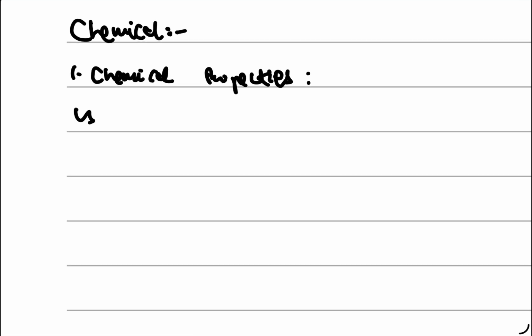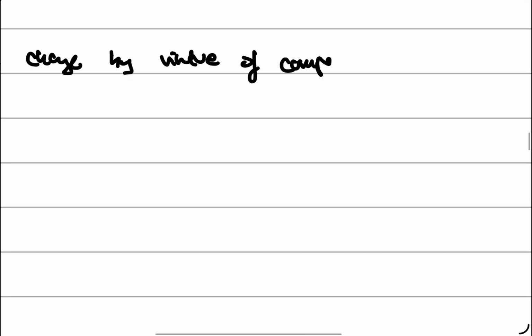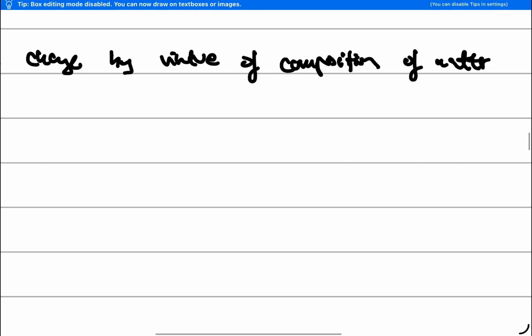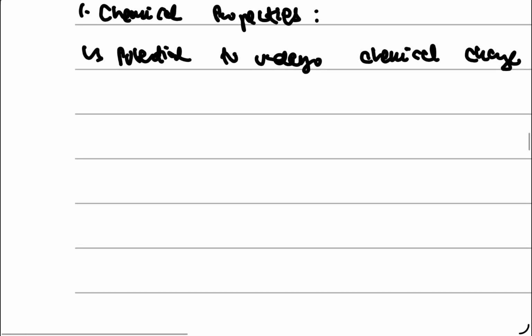The way I would define it is that it's the potential to undergo chemical change by virtue of composition of matter. So basically the potential of matter to undergo change which affects its composition. And that may just sound really wordy, but I think examples again help explain that a little better.